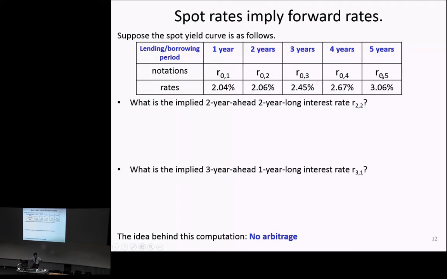All interest rates we saw in week 3 were spot rates. And suppose these are the current spot interest rates. For 1 year borrowing, it's 2.04%. For 5 year borrowing, the annual rate is 3.06%. Actually, these numbers are identical to what we saw in week 3. We are going to use the same numbers. Now, given that you know all the spot rates, what is the 2 year ahead, 2 year long interest rate R22 implied by these spot rates?